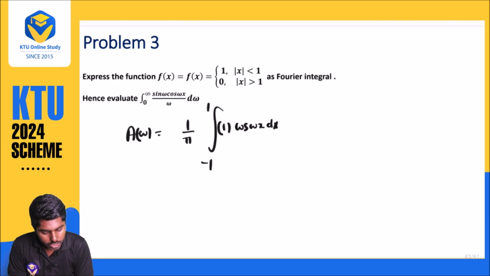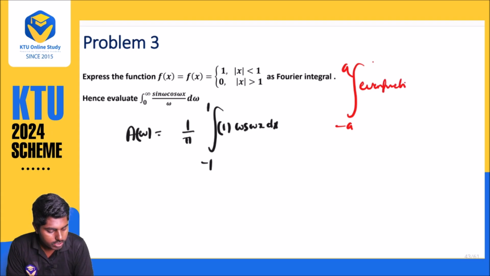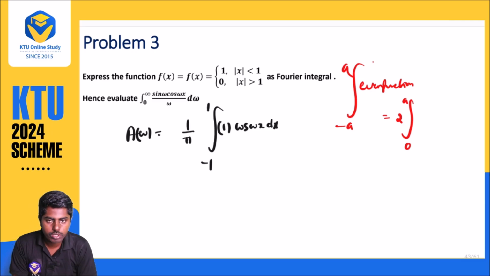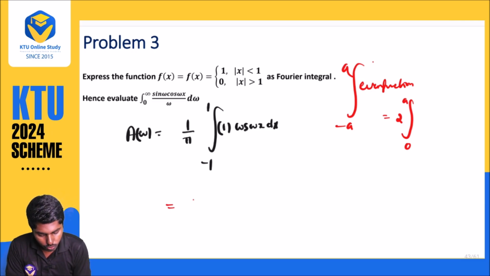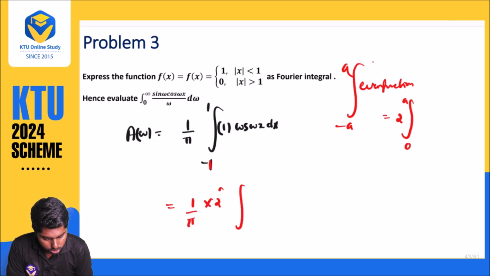Now observe, the formula is integral from minus a to a, and it is an even function, so it will be converted into 2 times the integral from 0 to a. So 1 by pi times 2 into integral from 0 to 1 of cos omega x dx.